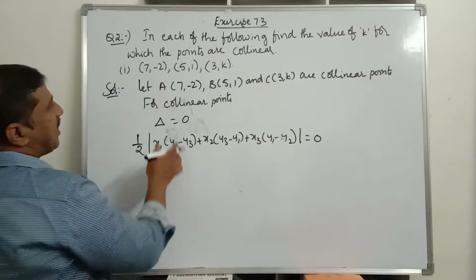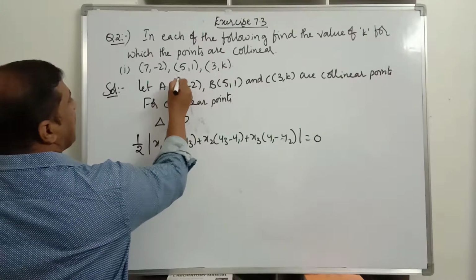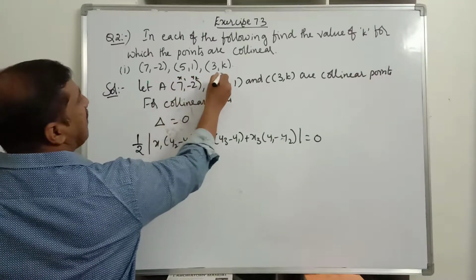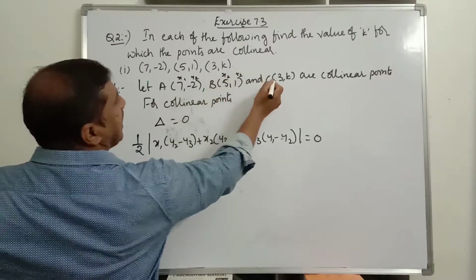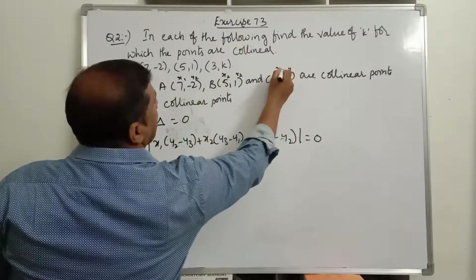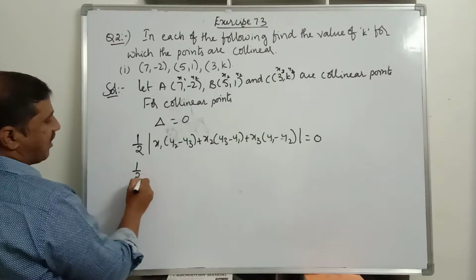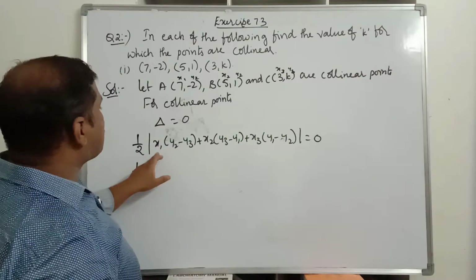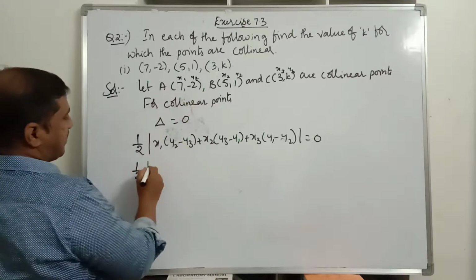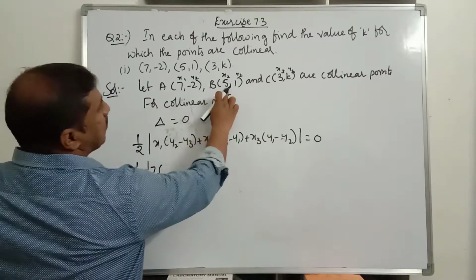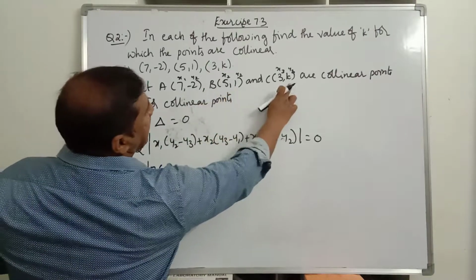Now we substitute. A will be (x1, y1), B will be (x2, y2), C will be (x3, y3). Substituting in this formula: half into modulus of x1, which is 7, into y2, which is 1, minus y3, which is k.